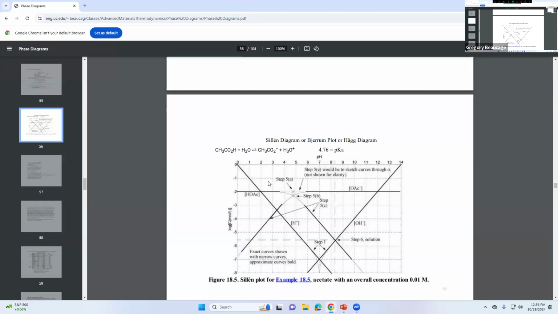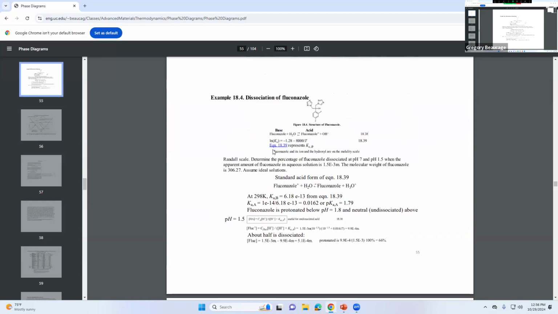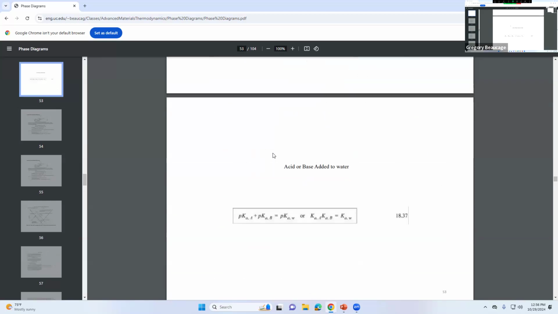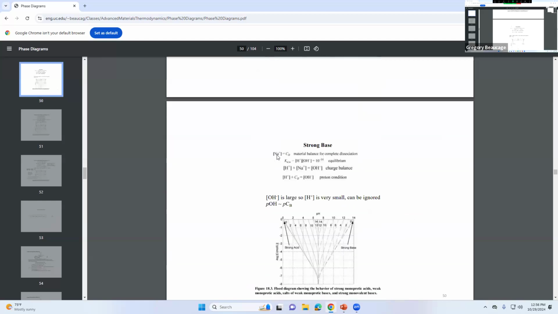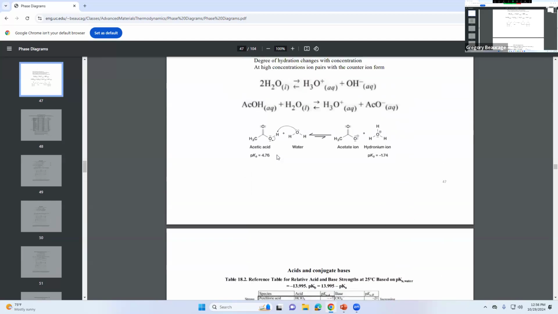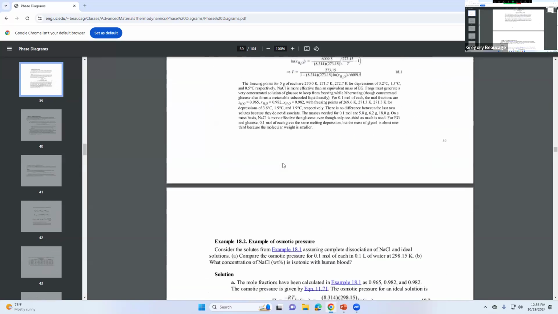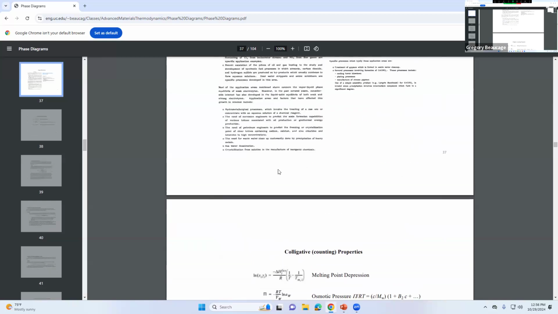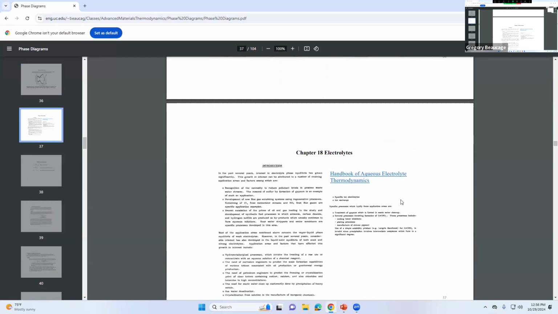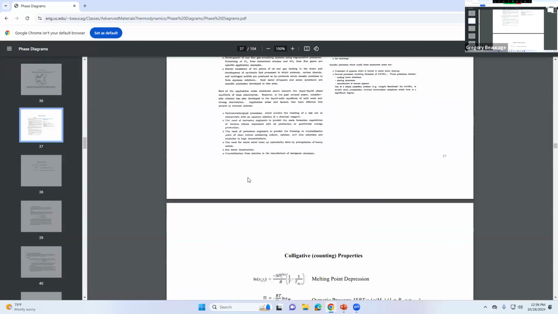There's a whole thing to understanding what happens when you have different nitrates and acetates mixing together to form something else. It's at the end of this section on phase diagrams, because they are phase diagrams. The Ellingham diagrams are also phase diagrams, like this electrolyte business.